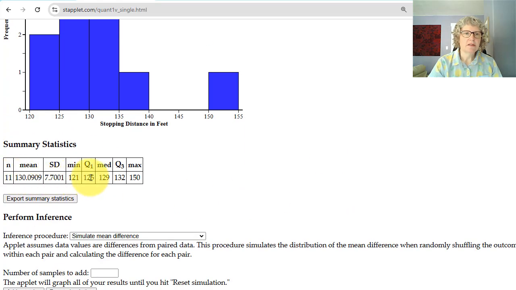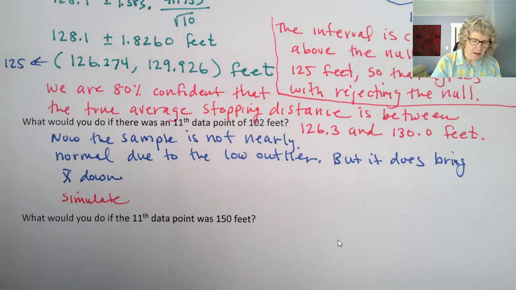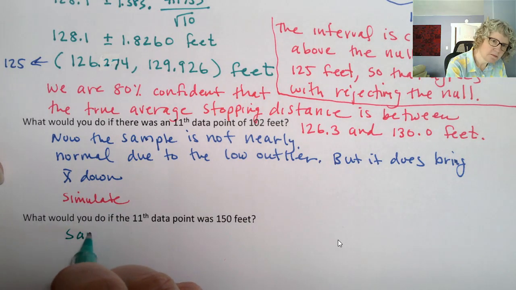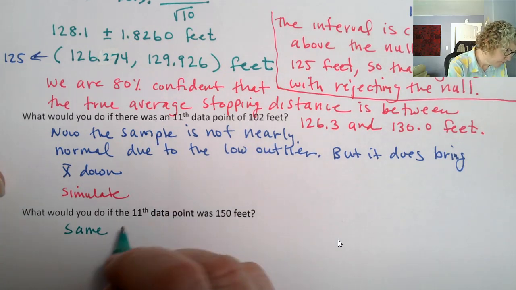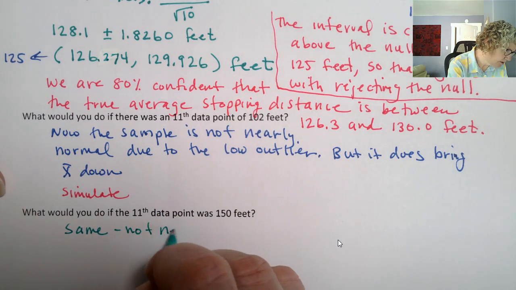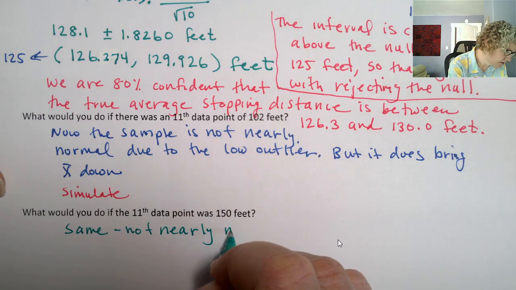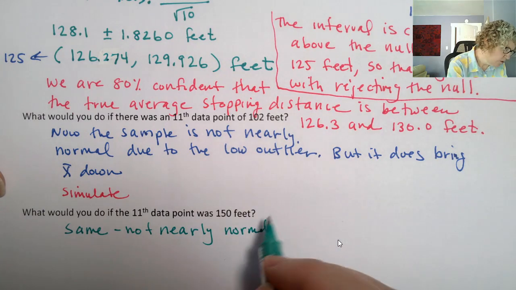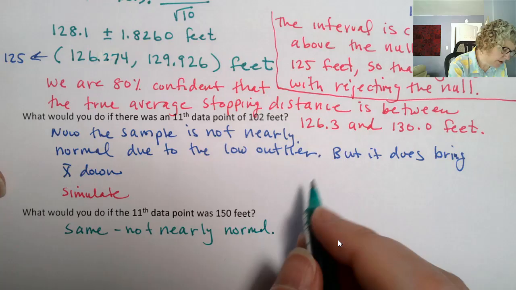And then this would have the same conclusion though, right? That's making the case worse, as opposed to the other one that was making the case better. Okay, so same thing here. This is not nearly normal. This gives more evidence.